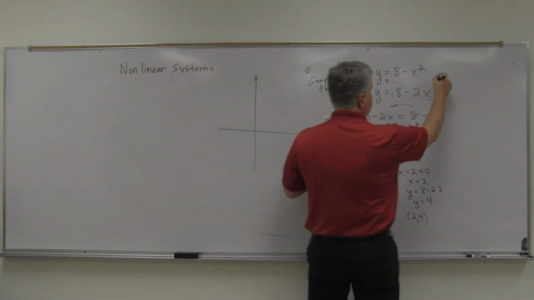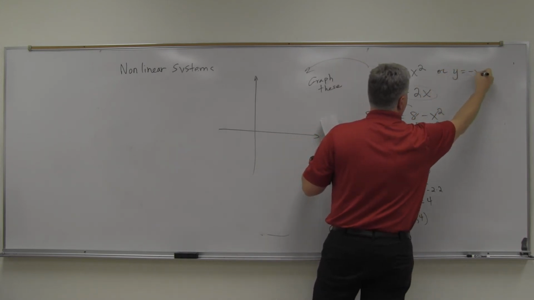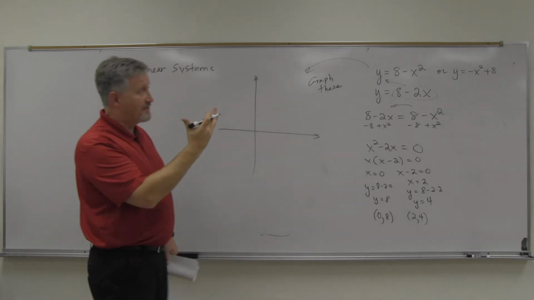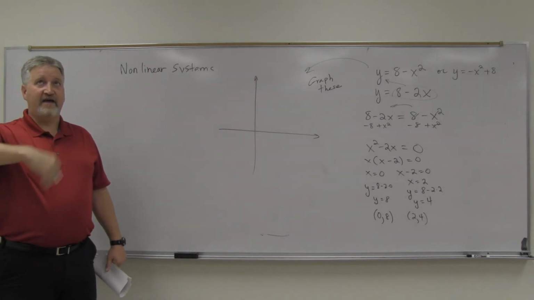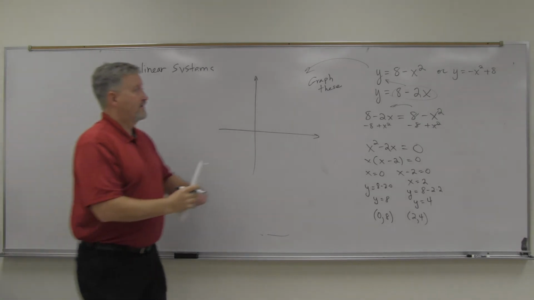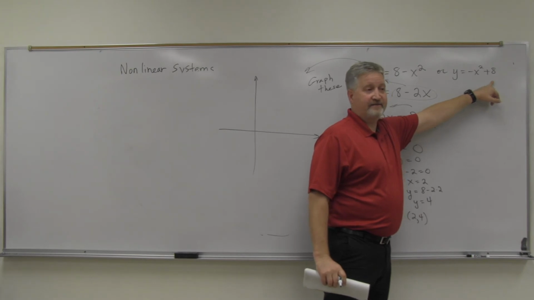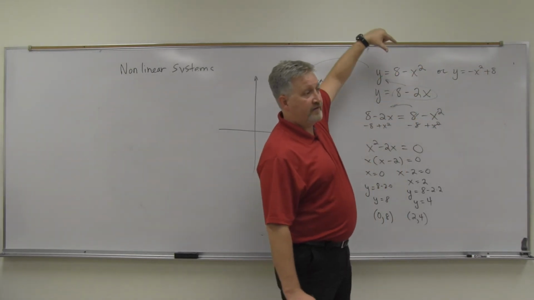And it might be a little more familiar if I switch those around. It's minus x squared plus 8. So isn't that the x squared equation flipped over and up 8? So it's x squared flipped over and then up 8.